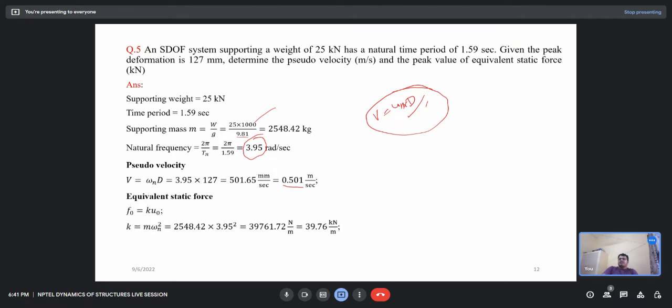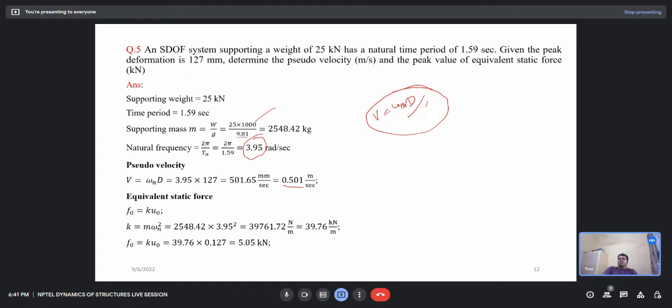For the calculation of the stiffness, k is equal to m into omega n square, and the mass is given to you as 2548.42 kilogram, and the natural frequency is 3.95 squared. Then if you multiply this, you will get the stiffness, 39.76 kilonewton per meter, and you can find out the force directly as F naught equal to k u naught.